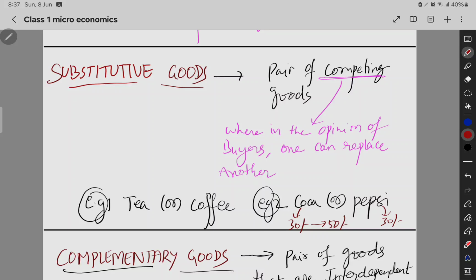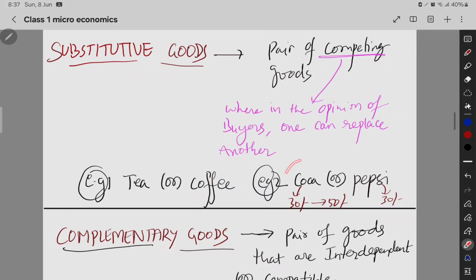They are a pair of competing goods, which means they compete with each other. Example, tea or coffee. Coca-Cola, Pepsi, they compete with each other. When the price of Coca-Cola increases, people immediately buy Pepsi. They are called substitutive goods.